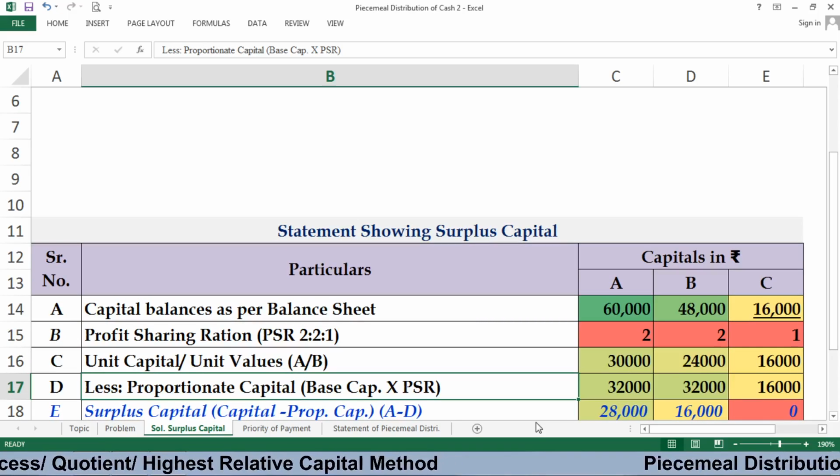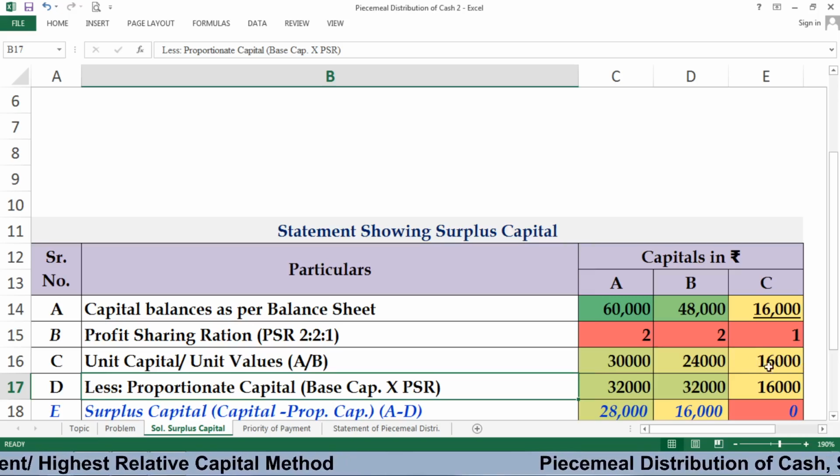After calculating the unit capital, we can calculate the proportionate capital. Proportionate capital means the person whose unit value is less should be considered as base capital. Here, 16,000 is less, so 16,000 will be considered as base capital, and we will multiply it by its profit sharing ratio.